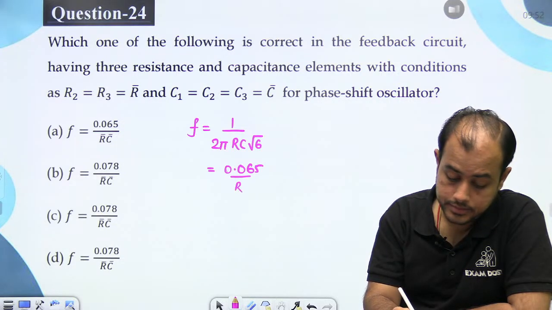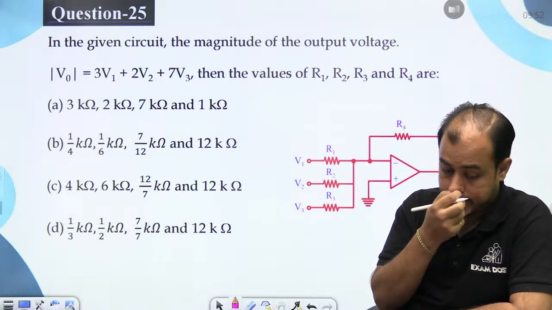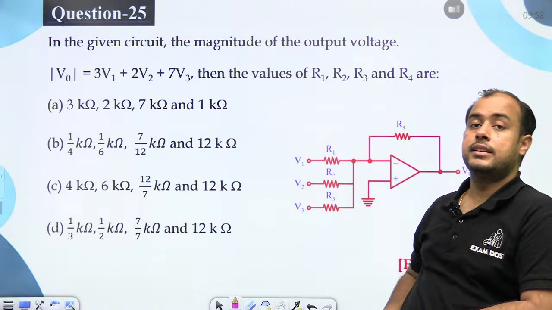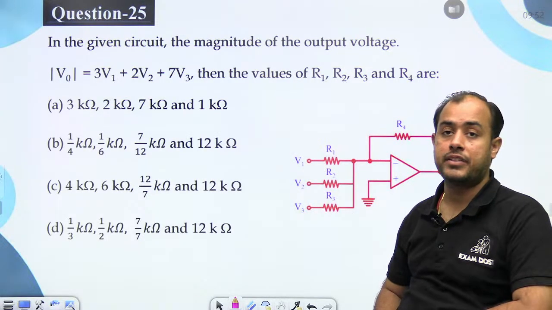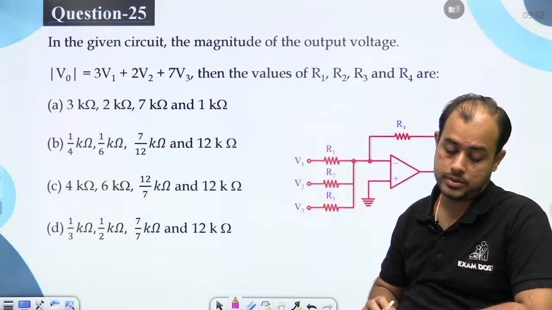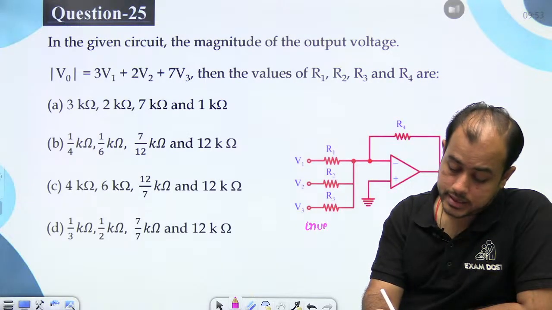A. In the given circuit ESE 2011, the magnitude of V0 is given. We need to find R1, R2, R3 and R4. So beta, this is an inverting summer.